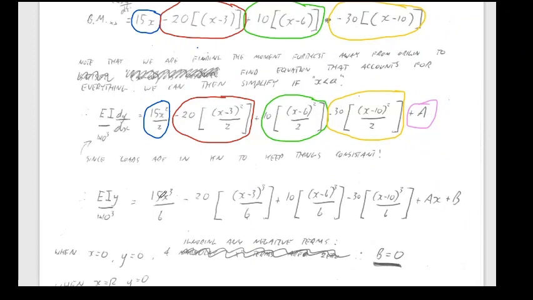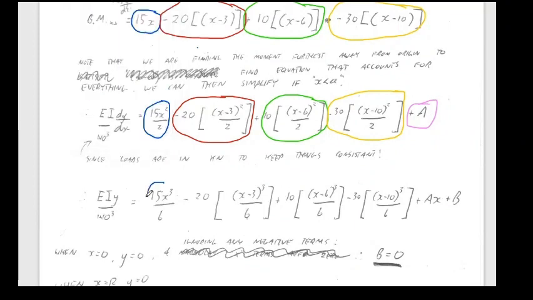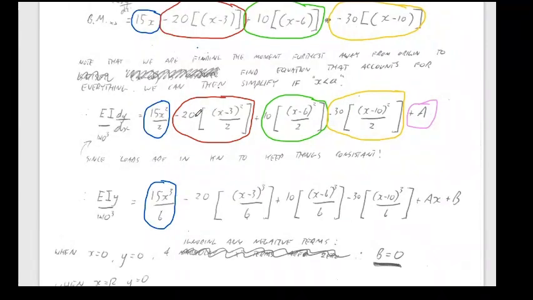So 15x squared over 2 becomes 15x cubed over 6. That is that term there, look. The red term, minus 20 times x minus 3 squared over 2 becomes minus 20 times x minus 3 cubed over 6.